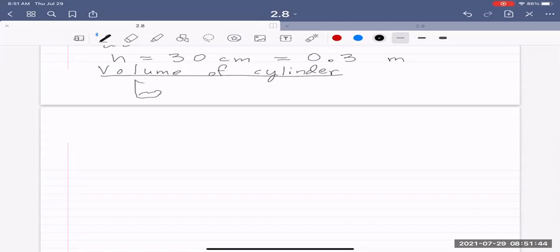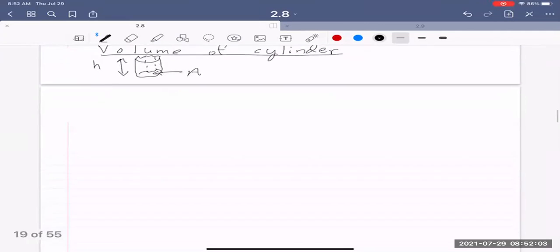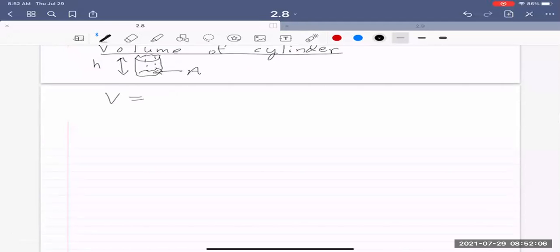Okay. There, just some sort of weird looking cylinder. And the area of the base is A and height is H. Then the volume of the cylinder is A times H. It's the area of the base times its height.